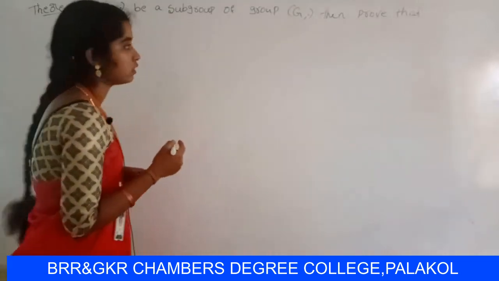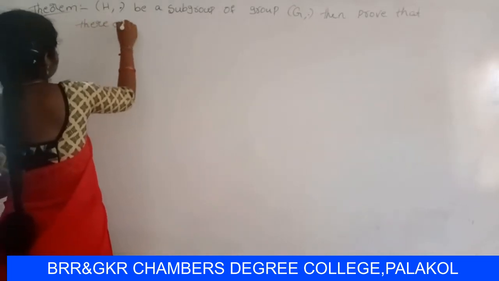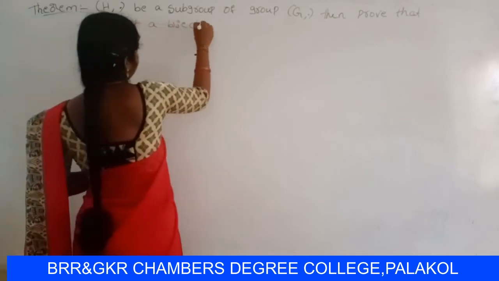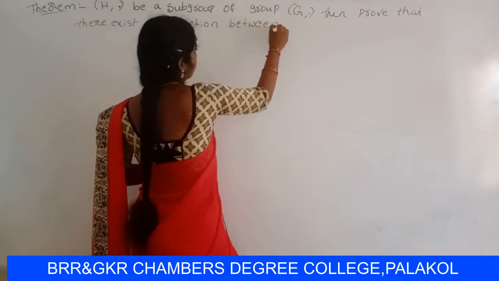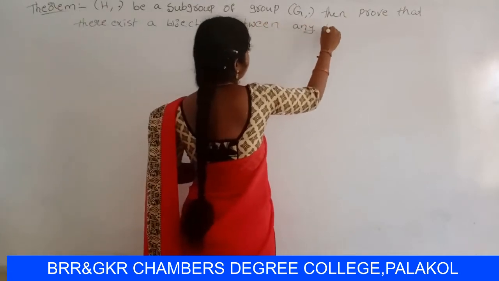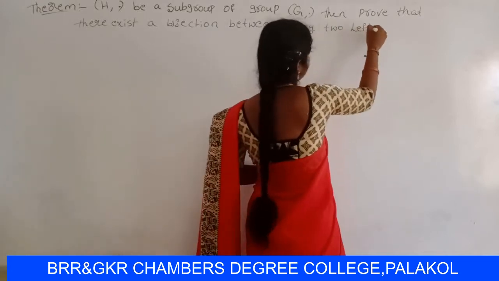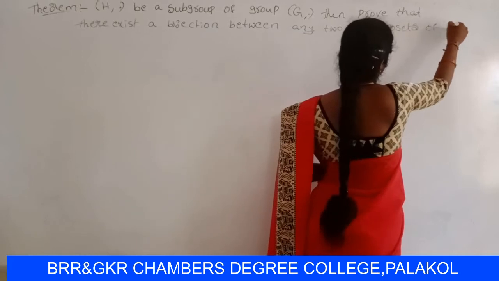Then prove that there exists a bijection between any two left cosets of H in Z.